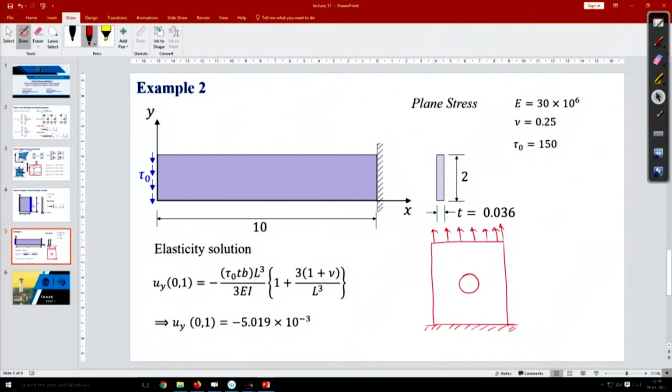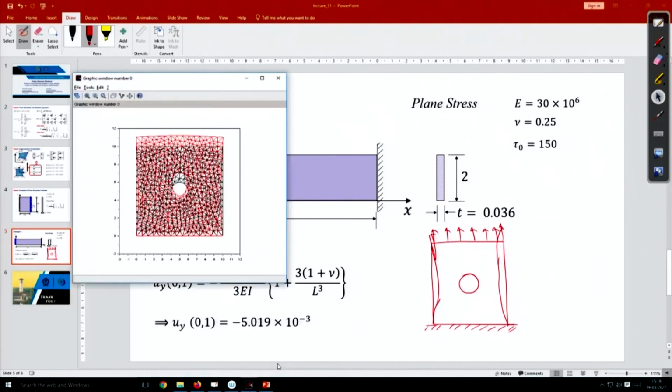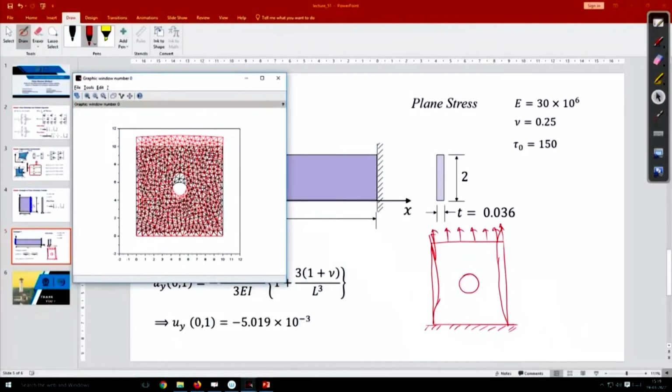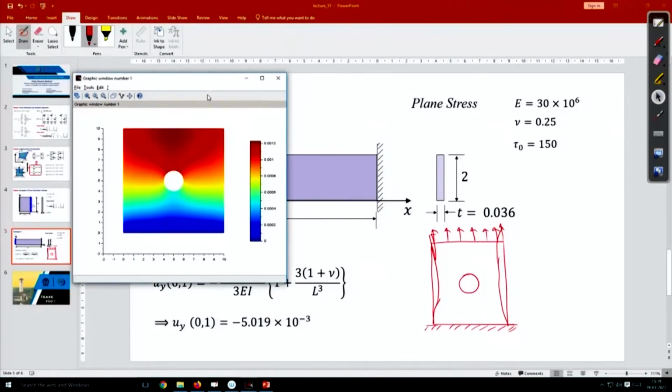So naturally our expected deformed shape will be something like this. This is the deformed shape we have, and this is the plot of the primary variable, probably uy.